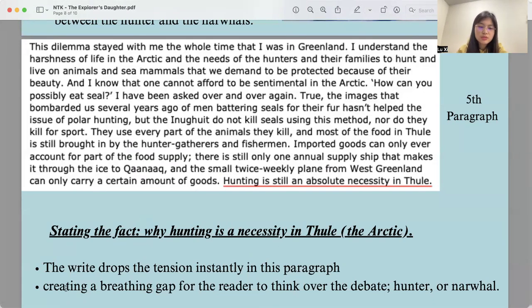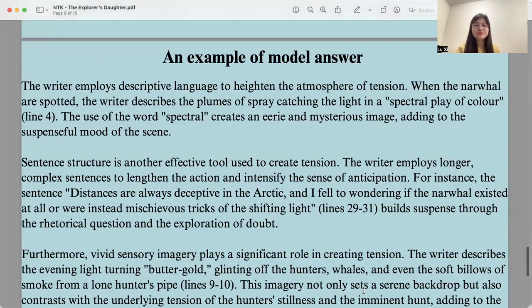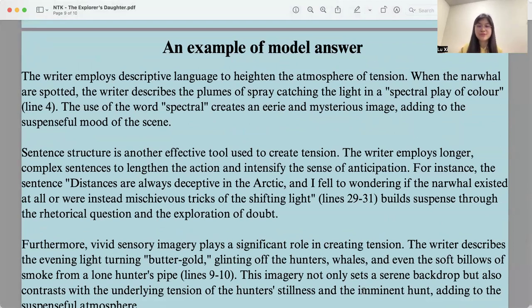The writer drops the tension instantly in this paragraph, creating a breathing gap for the reader to think over the debate: am I on the hunter's side or the narwhal's? We as readers do not want to hold our breath all the time. So the author creates an opportunity here for us to take a break from that tension and take a step back to think about the debate she just described, the hunter or the narwhal. Okay, so that's our article.